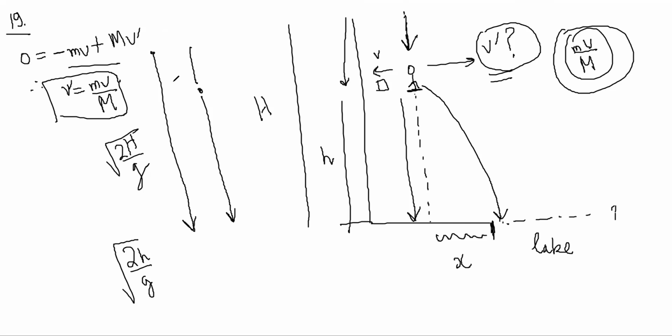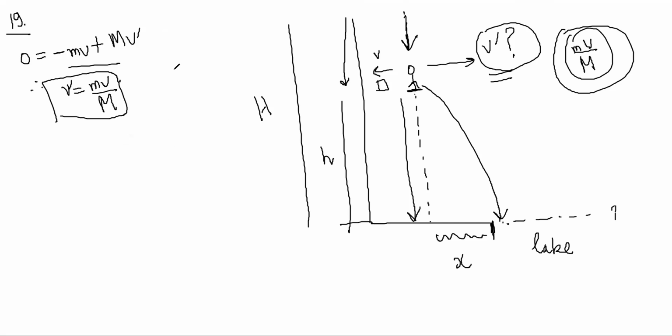No, but the second one is for if the initial velocity was zero, right? So actually just do it. Find the time it takes to fall H minus h. Oh, it's very obvious. Root 2 (H minus h) by g, no? That is the time it takes to fall this much.